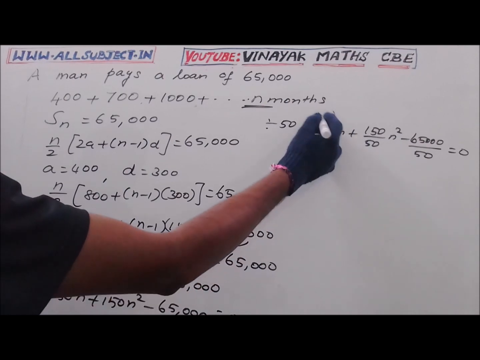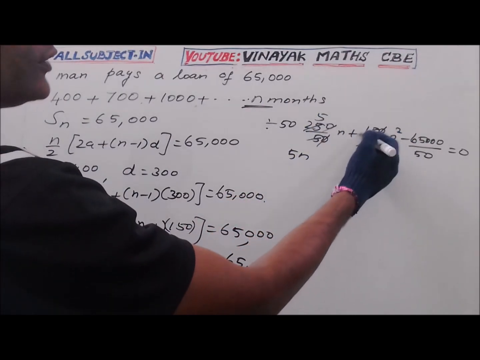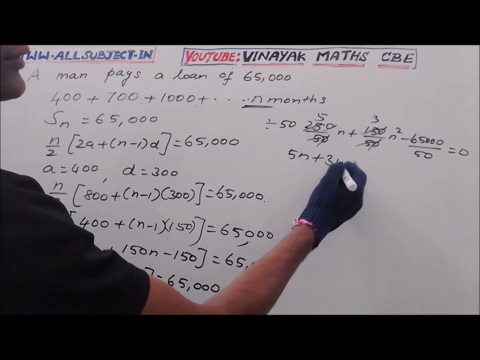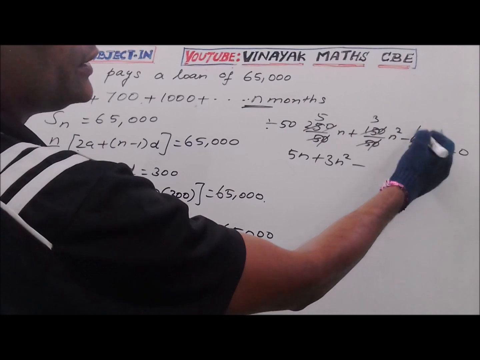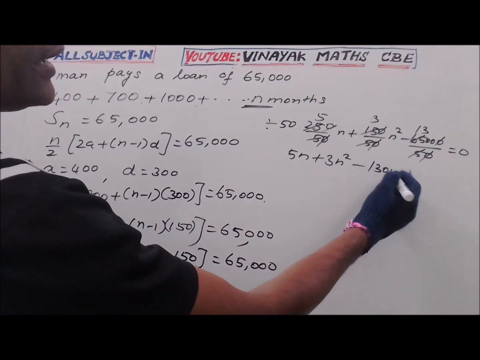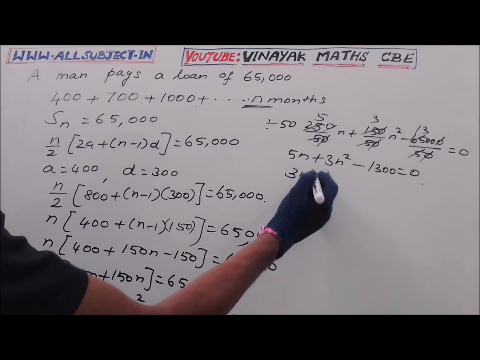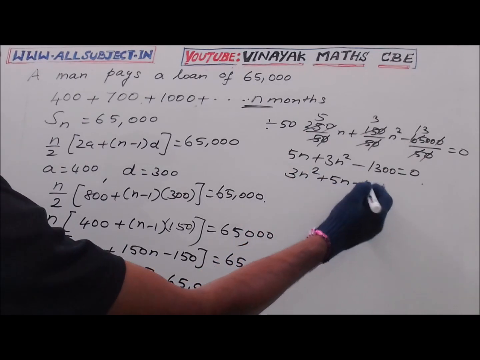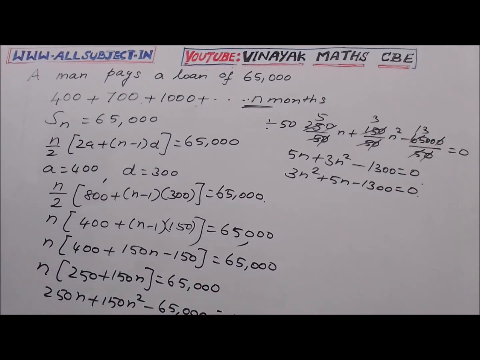Cancelling, here 5n, then 3n square, and here we have 1300 equal to 0. Now ordering it, 3n square plus 5n minus 1300 equal to 0. This is a quadratic equation.